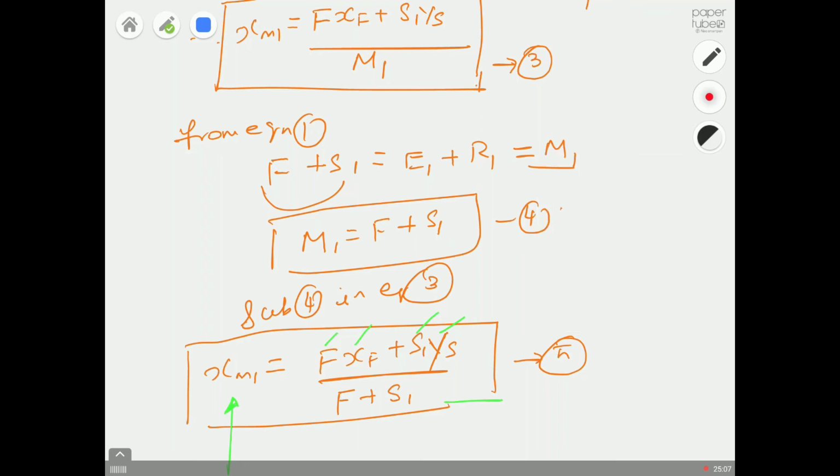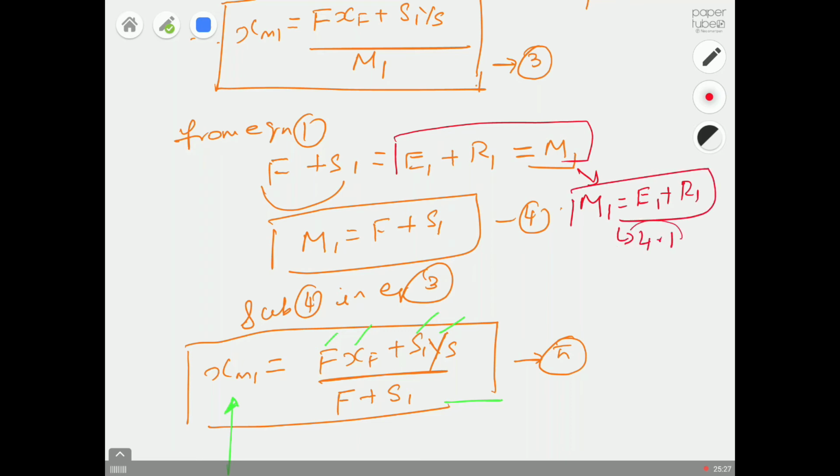What else can we do? If you want, we can even take the other side of this equation. Say m1 is equal to E1 plus R1. Let's call this equation 4.1.